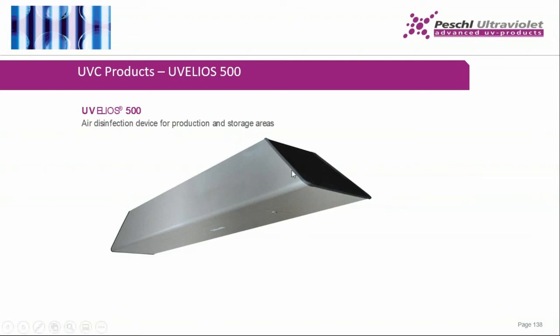That means it sucks the air inside, then it passes the UV lamp. The UV lamp is fully covered, so that nothing can happen to the employees or the workers inside the production. And then the clean air comes outside.